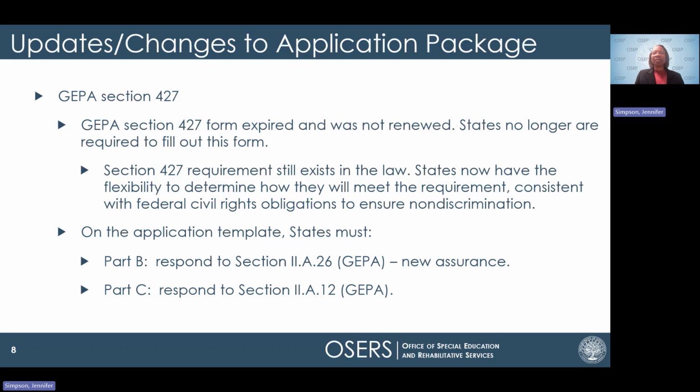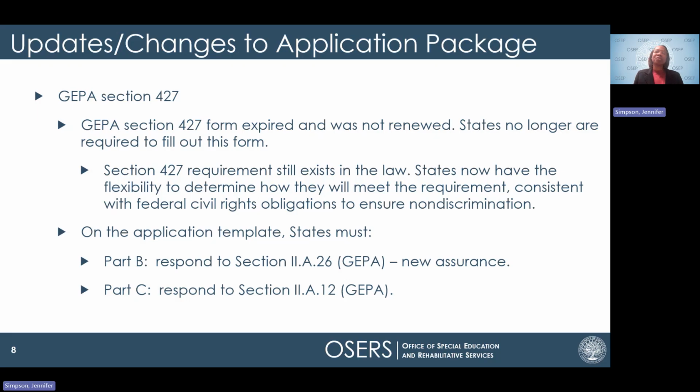In the Part B application template, a new item has been added to Section 2A. So there's now a Section 2A number 26, where you give a yes or no response to assure that you comply with GEPA. And in the Part C document, there's historically been a GEPA response item, and that's Section 2A12. All states submitted GEPA forms.